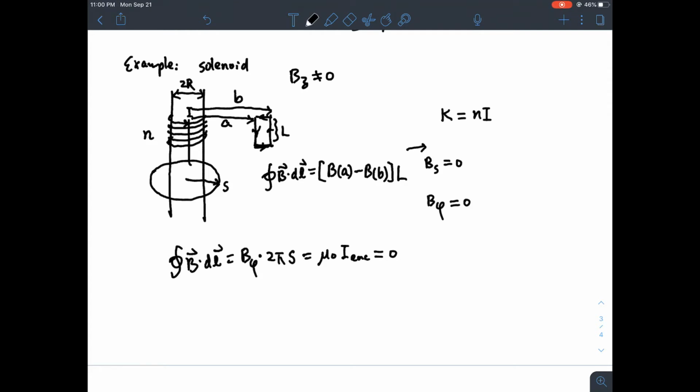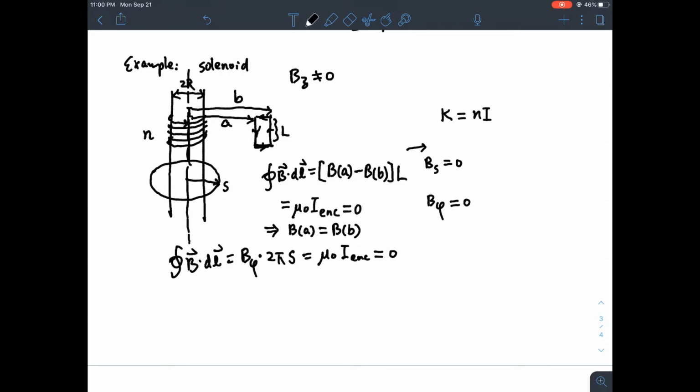As we said, this should be mu 0 times the amount of current enclosed inside this loop, and this loop is outside the solenoid, so this should equal 0. From here we found that B_a equals B_b. In other words, the field that is outside doesn't depend on the distance from the central axis.